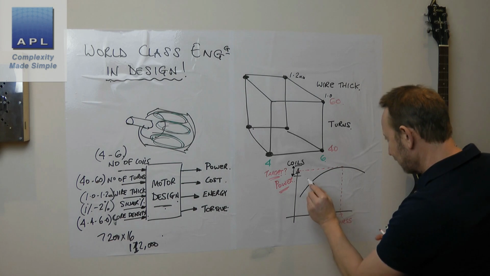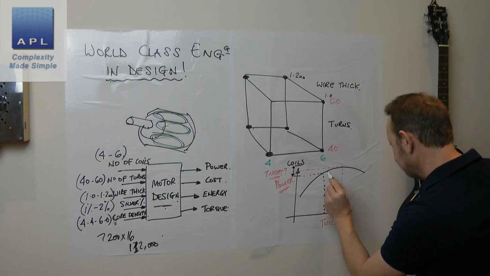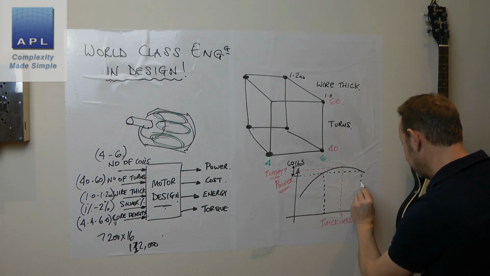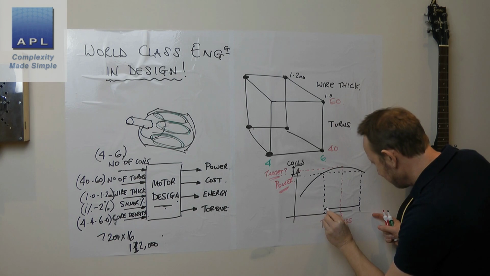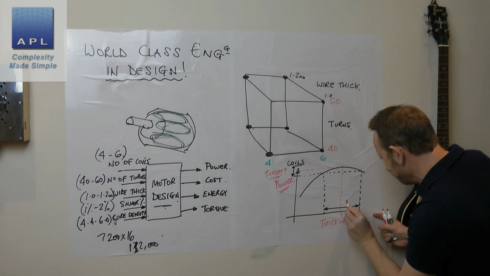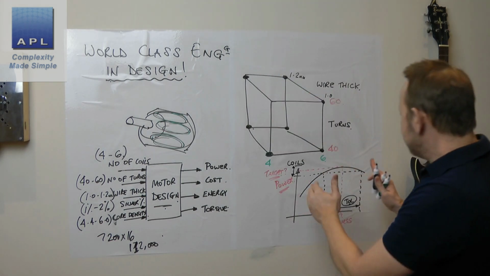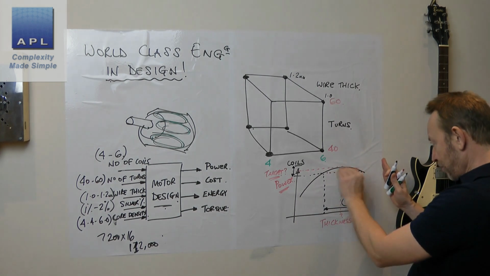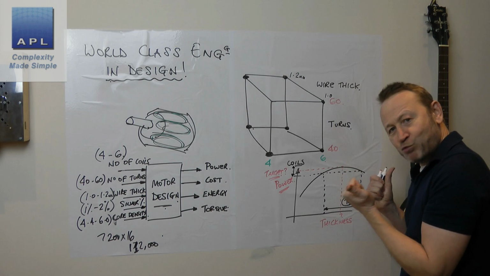Now look, if I take this tolerance across, look. Now look at this. There is your tolerance. It is telling me the tolerance to put on the thickness of the copper wire. And because I'm at the top, I'm at the peak of the curve, the tolerance is at its widest.